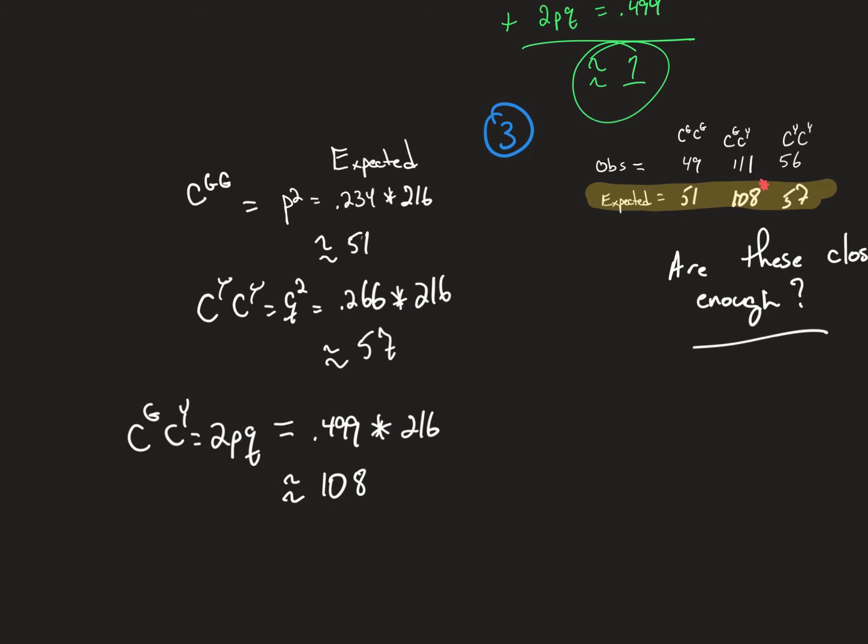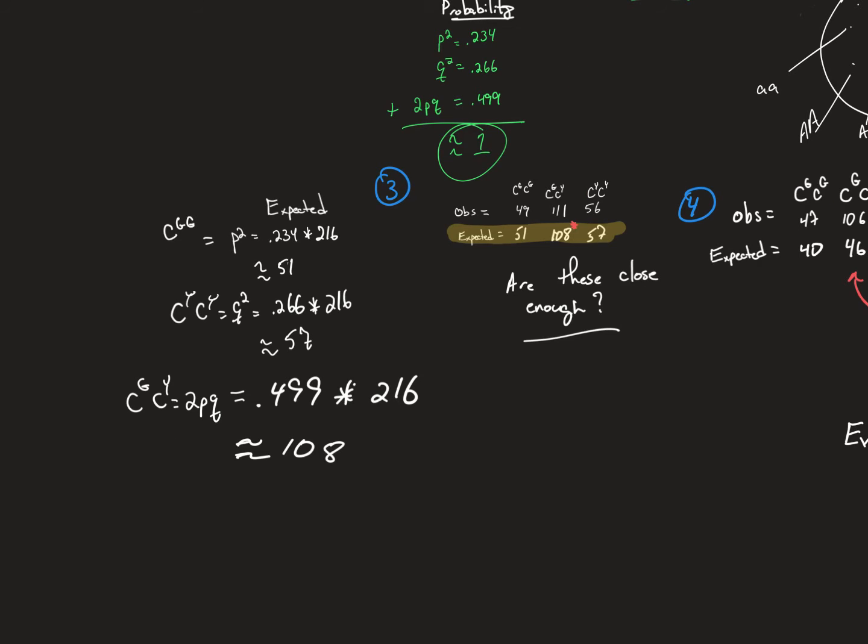All right, I'm sorry. The frequency of P times 216 should be about 108. Hold on, let me see. It should have been 108, and what I have here is 0.499, which is 2 times P times Q. That's not P and Q, but P and Q was from the original discussion, right?